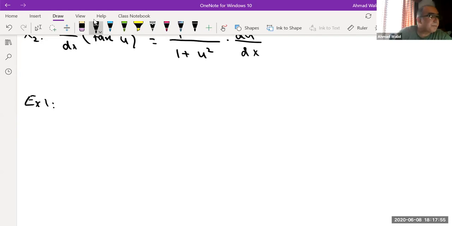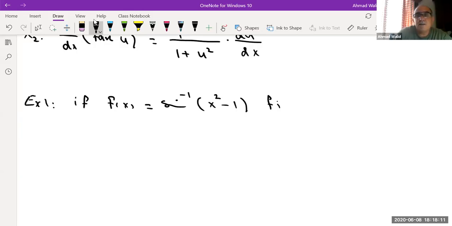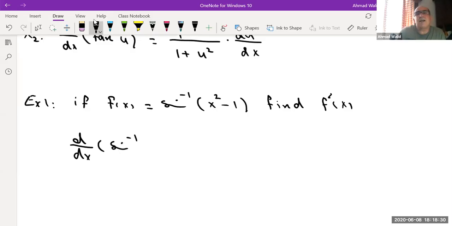Example number 1. f of x equals inverse sine of x squared minus 1, find f prime of x. You have your formula, d/dx of inverse sine. You see here, I'm not looking for x.